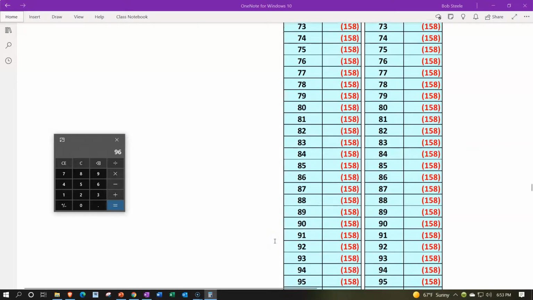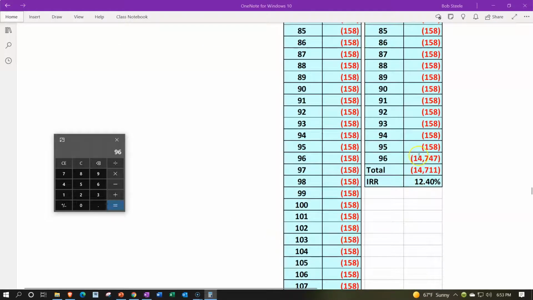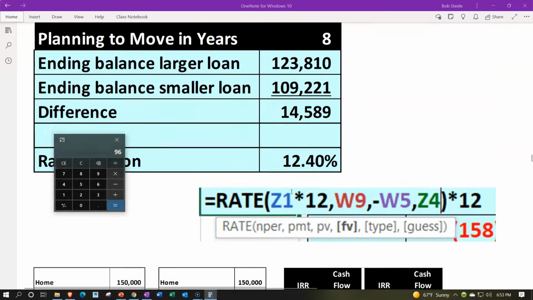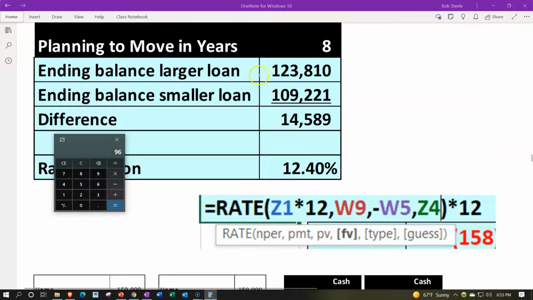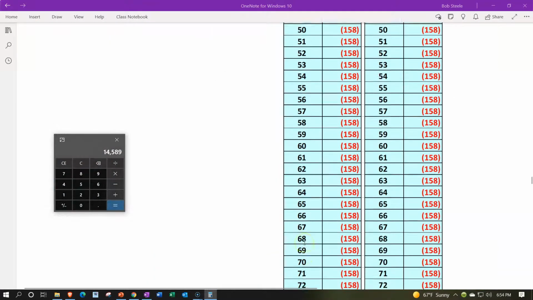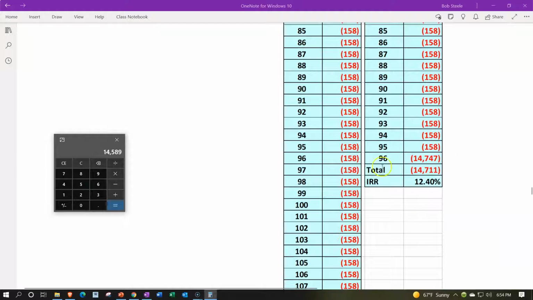So if we scroll on down to 96 payments, then at the end of 96 payments, we'd still have the amount that we need to be paying off, or the difference between the two. We calculated that up top, the difference in these two amounts from the amortization table being 14,589. So we got the 14,589. Then scrolling down, we also have that last payment, or one more 158 that we'd have to pay.